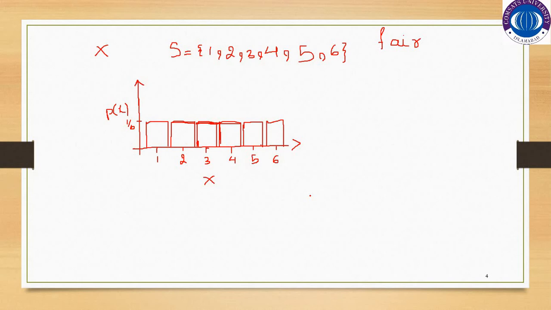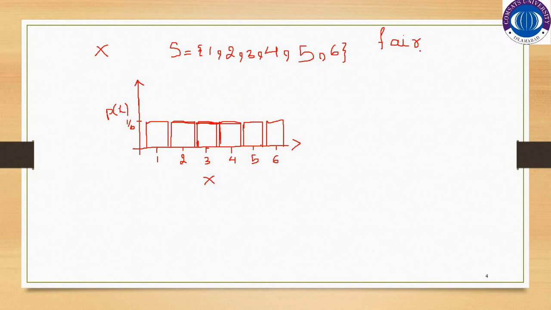So this is a discrete uniform distribution, and each outcome is equally likely. This is a legitimate probability distribution.